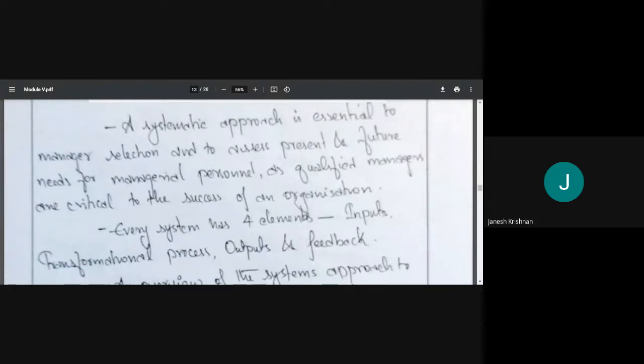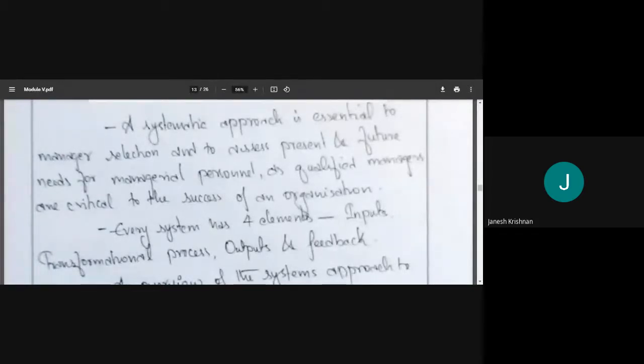That has to be considered, like the one in manager inventory charts. So in the manager inventory chart, we know that a person is close to retirement or a person is not working satisfactorily. So we should have an idea. Okay, we should know what our current status is as far as employees are required, because qualified managers are critical to the success of an organization.